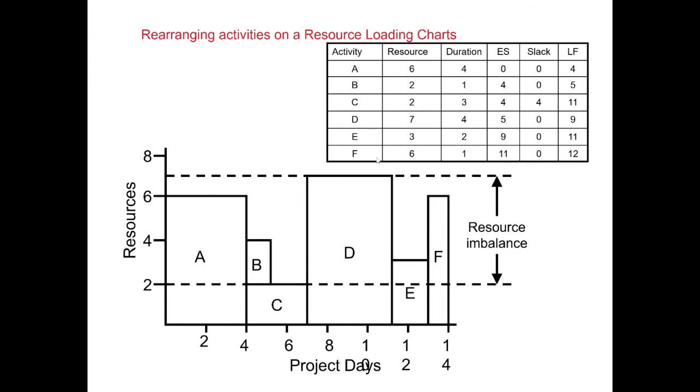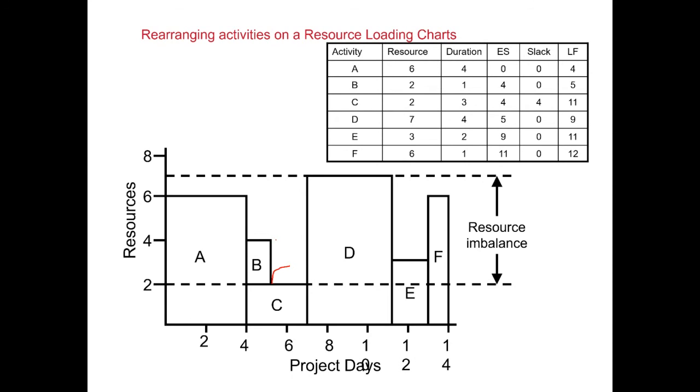Right. We did talk about how we don't like to see too much of a resource imbalance, and we don't like to see too many peaks and troughs within our project. Now here in this problem, you can see that activity C is a big trough.